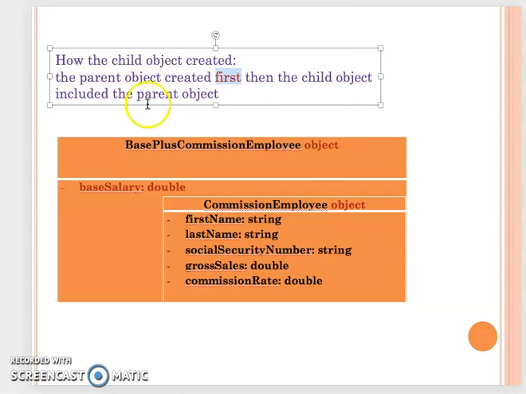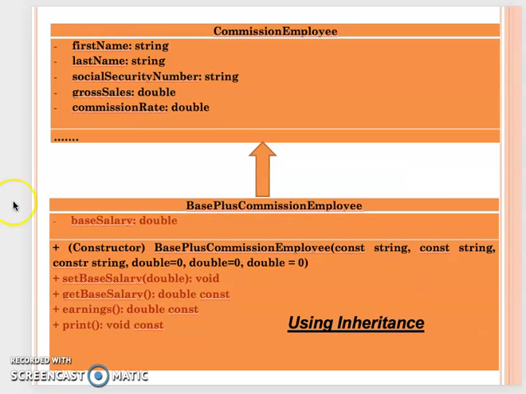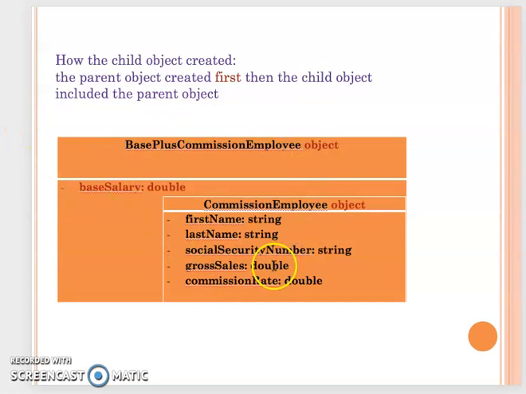Then the child object includes the parent object, and so the whole child object is created. That's why, after you have this arrow relationship inherited, all those data attributes from the parent class are created. That's what the child object looks like.